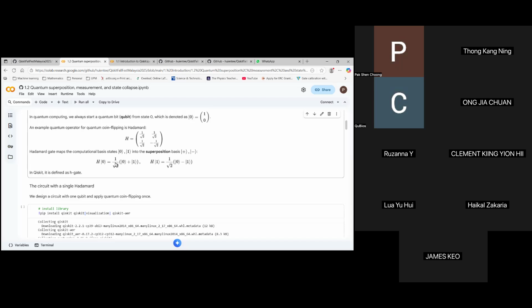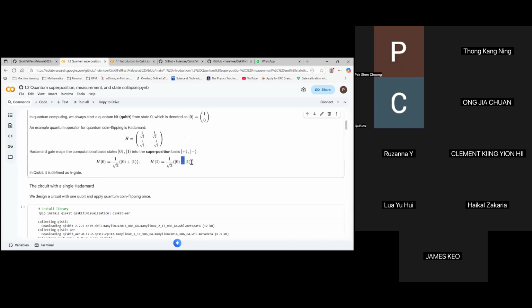And this number here, 1 over square root 2, is the probability amplitude of both states. So when you multiply this 1 over square root 2 into the bracket, 0 state and 1 state, each has its own probability amplitude of 1 over square root 2. This is H acting on the 0 state. How about the 1 state? The 1 state has a minus sign here.